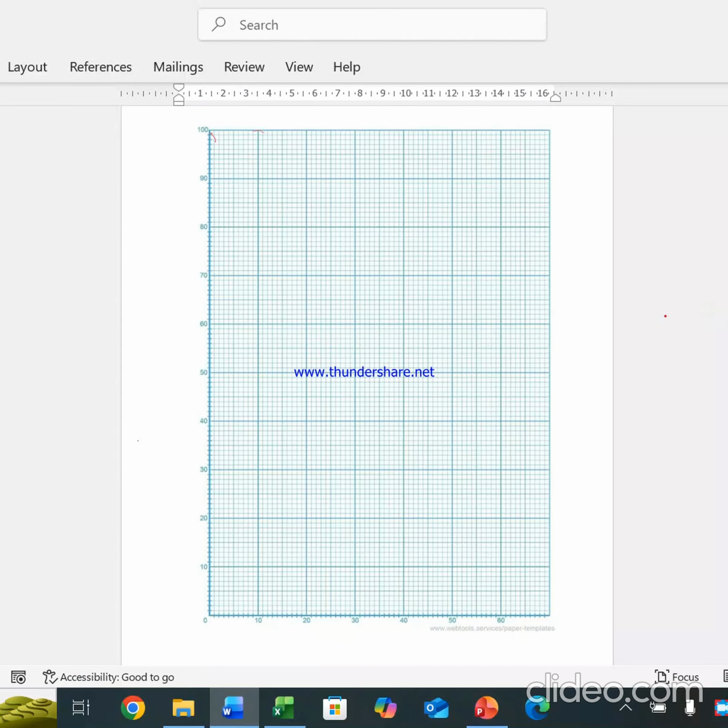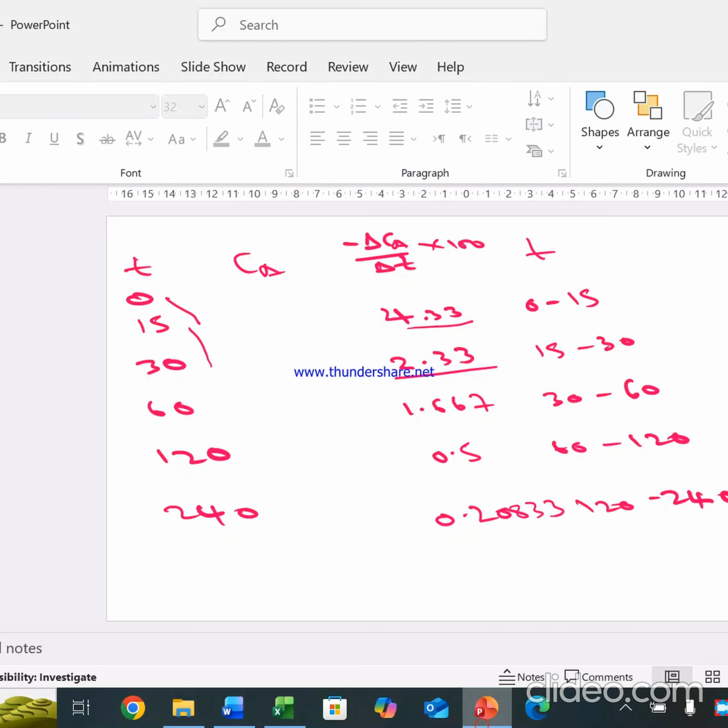I pop up this electronic graph, and we are going to plot minus delta Ca over delta T times 100 against T. T is from 0 to 240, and this one is from 0.2 to 4.